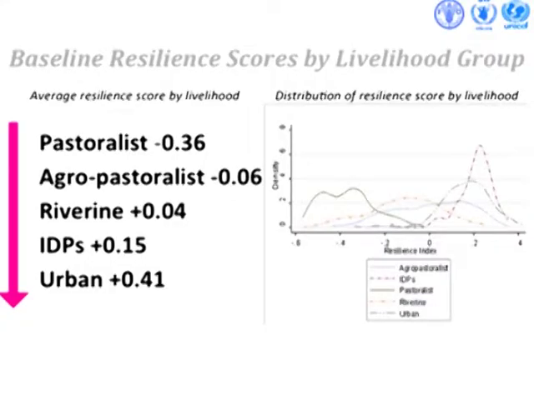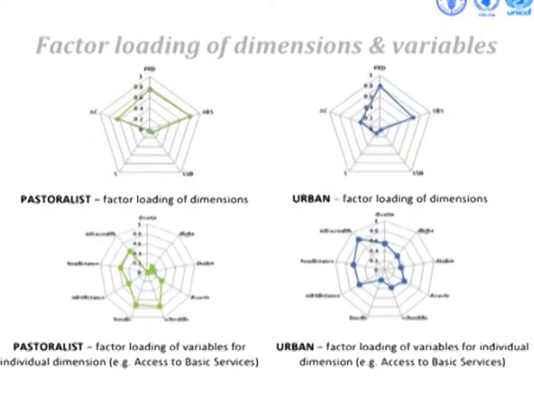Then you've got access to basic services, then social safety nets, then shocks, shock sensitivity, shock intensity. And that is in many cases where we see a departure in terms of this analysis from the ones we've done before. And then adaptive capacity is the final one. So those 5 are the pillars, and they're also latent variables, but underneath them are clusters of observable variables.